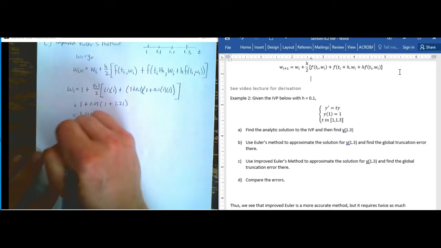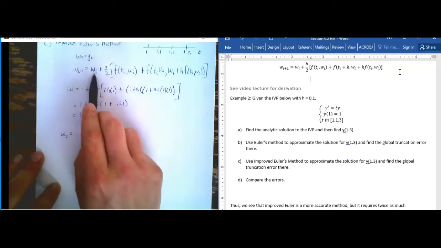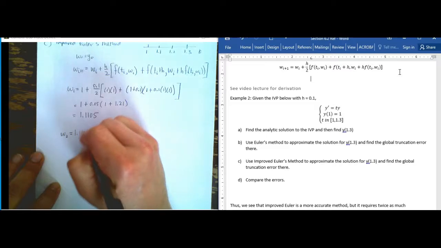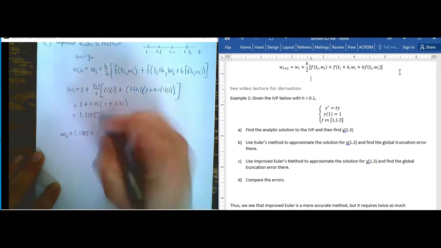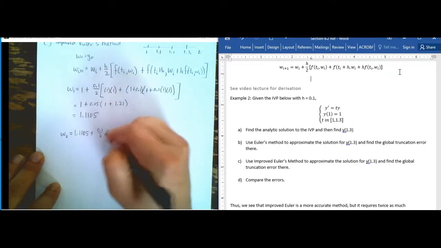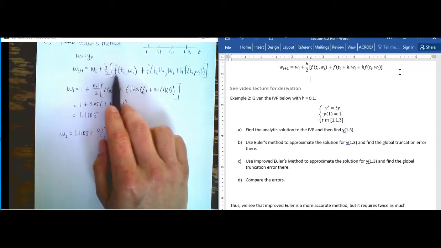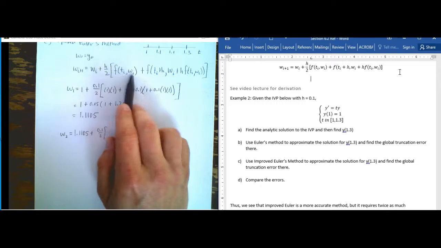All right, w2, what would w2 be? What's the previous w plus h over 2 times the derivative function evaluated at the previous t and w.